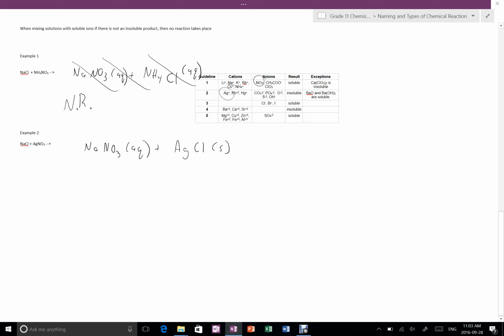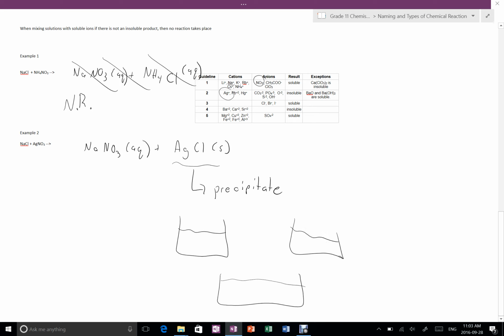What that means then is that when all these ions are hanging out in solution, if these two ions see each other, they would rather form a crystal than exist in solution, so these would form a precipitate. And this indicates a meaningful chemical reaction. This would take my clear liquid and my other clear liquid, mix them together, and something would all of a sudden start to appear in the solution.